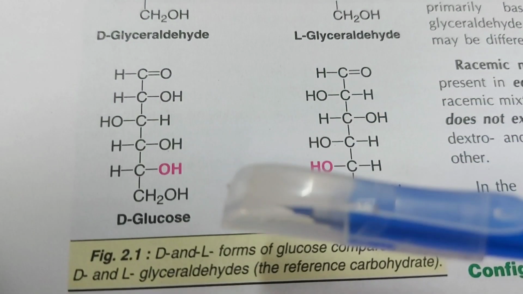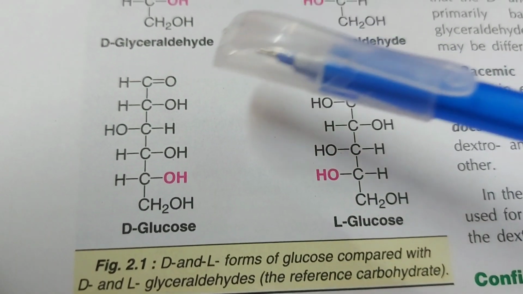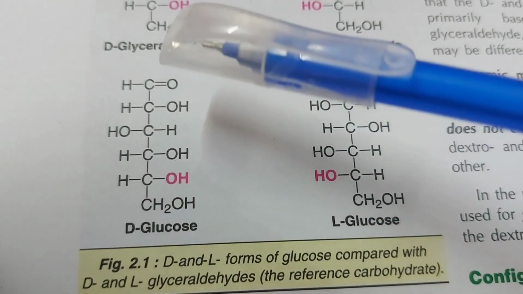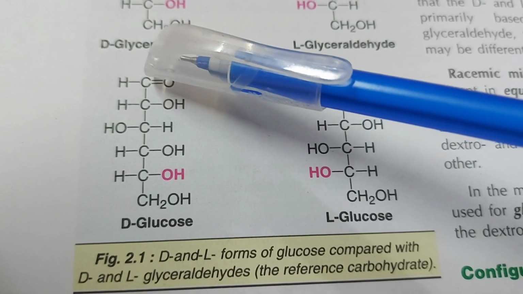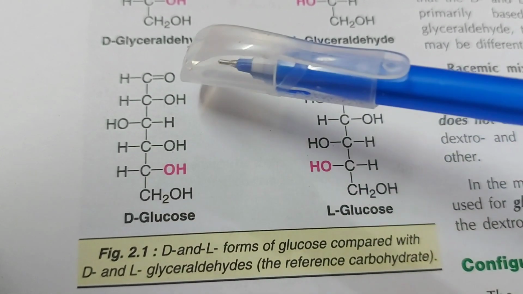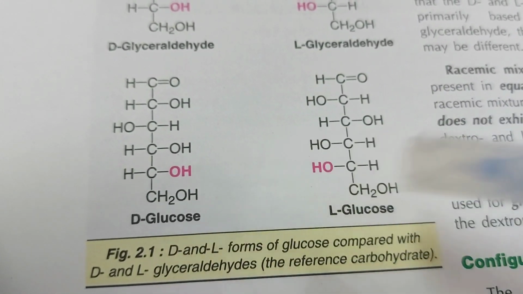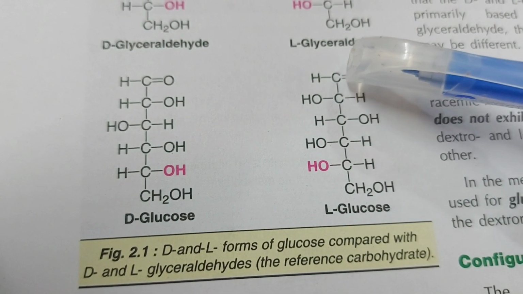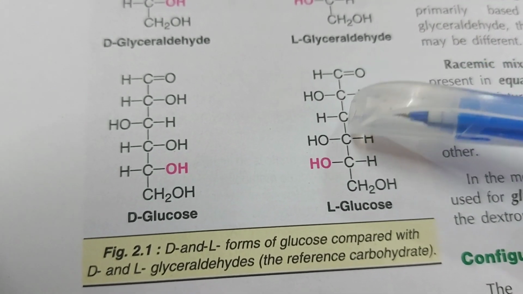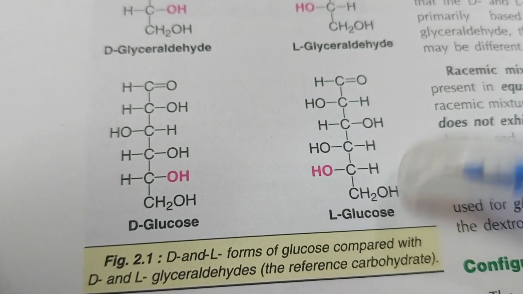Here we see a glucose molecule. In this glucose molecule, you can see that there is a 6 carbon chain: 1, 2, 3, 4, 5 and 6. Here is another glucose that also has 6 carbons.